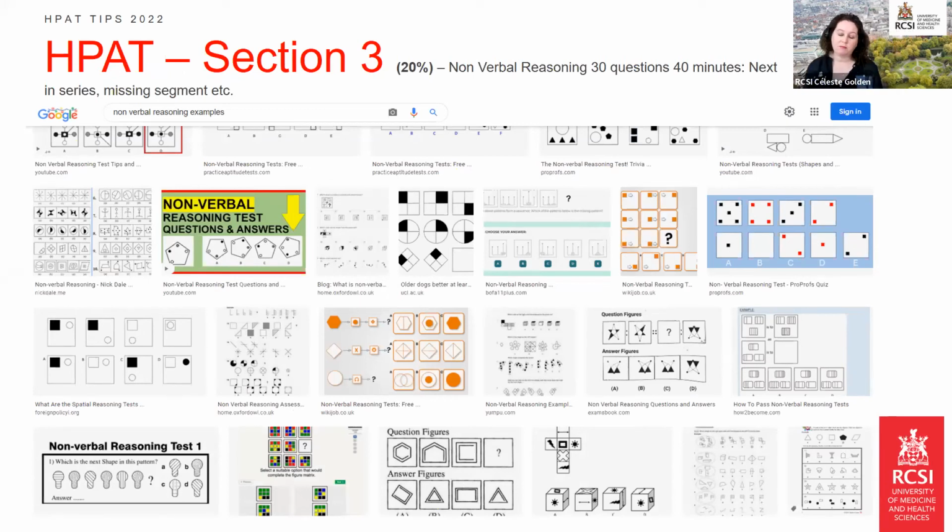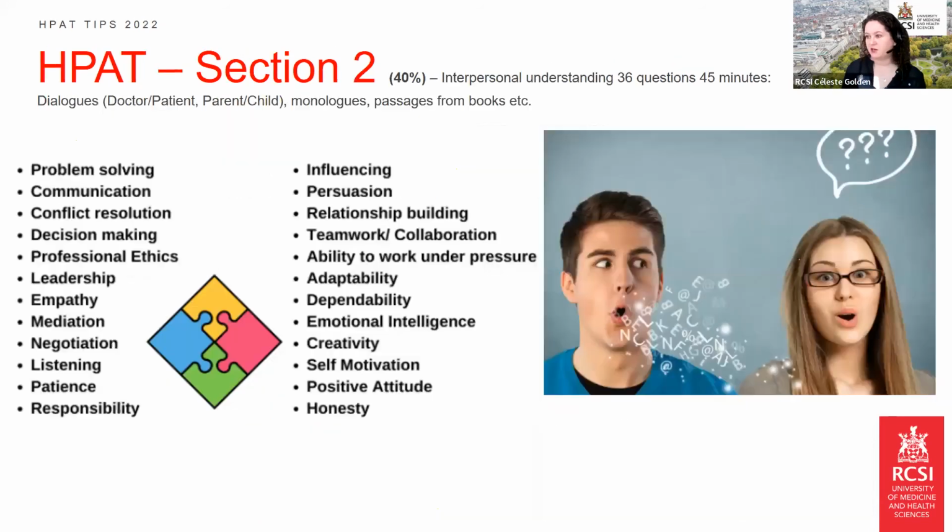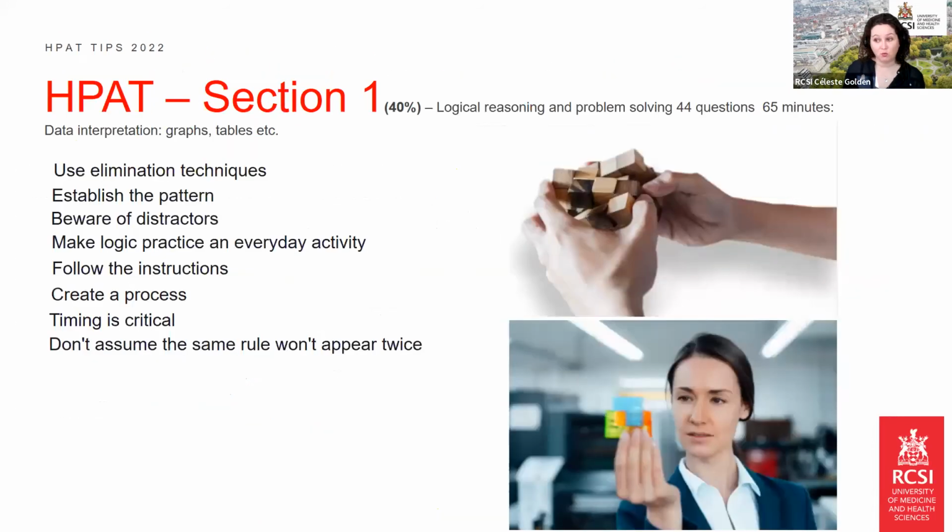For example, if I was taking this test, I wouldn't do so well in this section because my brain isn't wired in the way that I can very quickly recognize the sequence and the patterns and the missing sections. So while I might get a little bit anxious about not being able to do it so well, I might spend too much time on this section to the detriment of section 2 and section 1, which really are the big meaty sections and are worth 40% each.